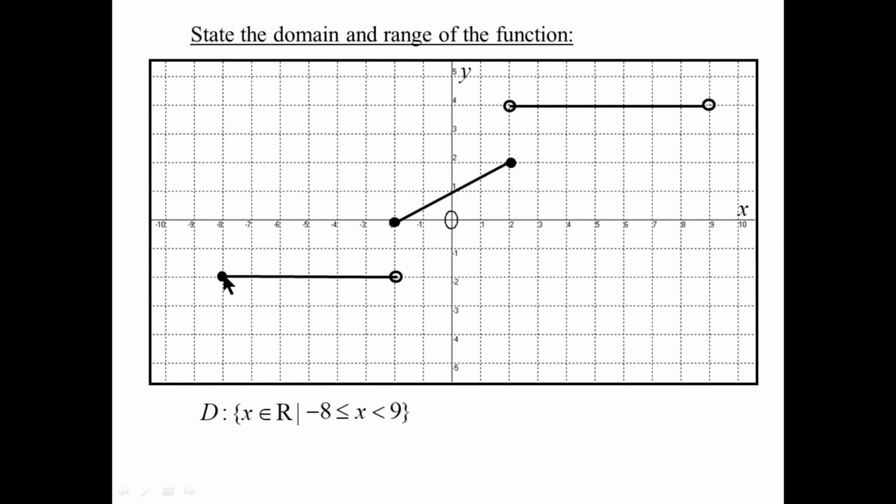And that's because this dot is closed on the end at -8, which means we're going to include -8 in our solution. But we see that the dot on the 9 for an x value is open, which means that we must exclude that. We won't accept an x value of 9 because there's clearly a gap there. So we must say that x is less than 9, not equal to.